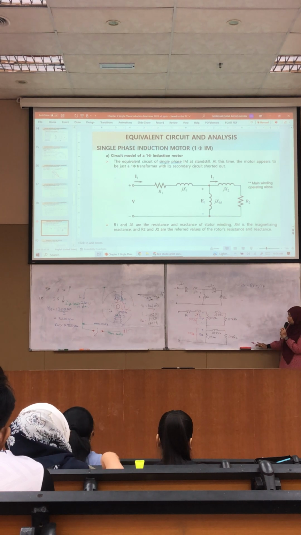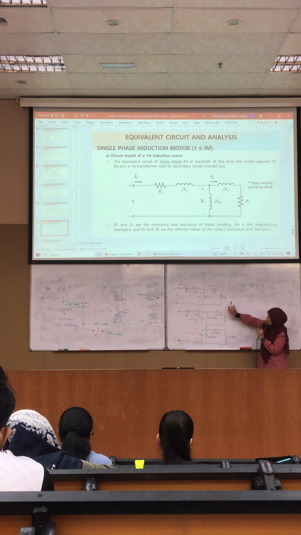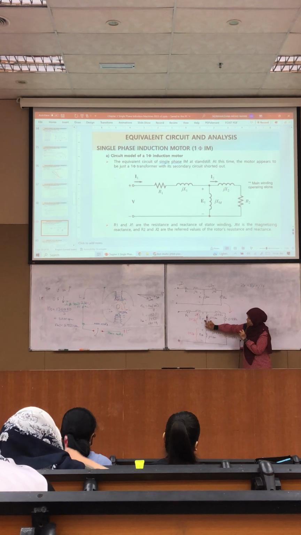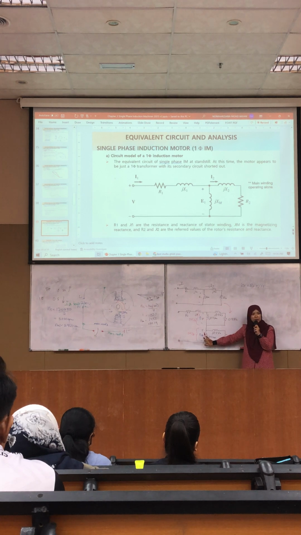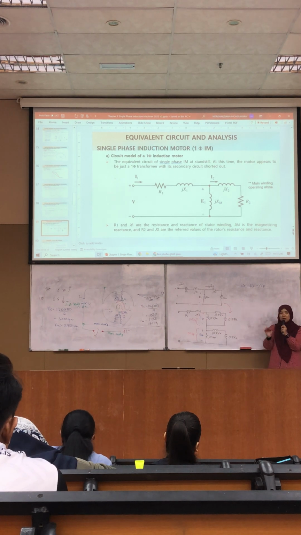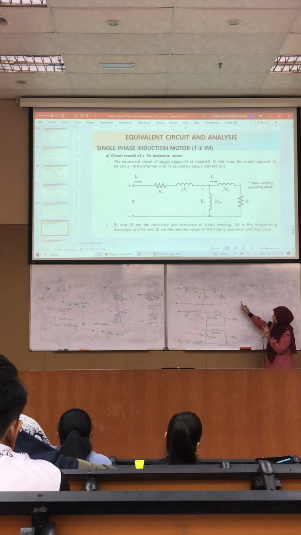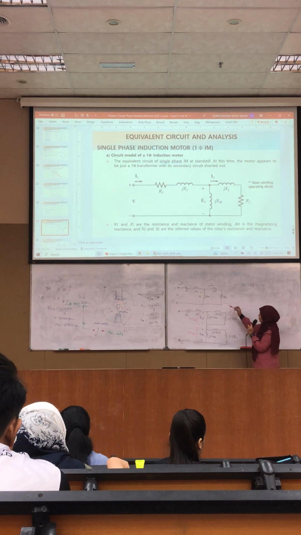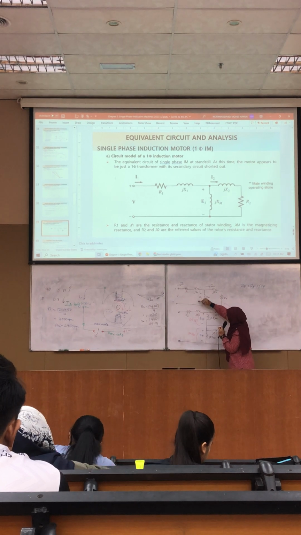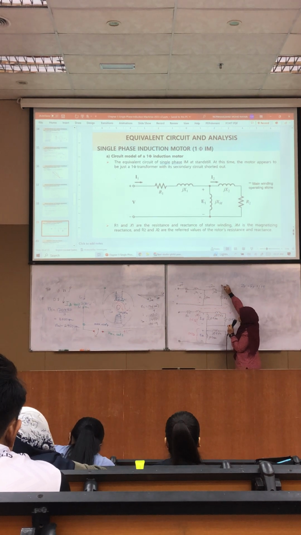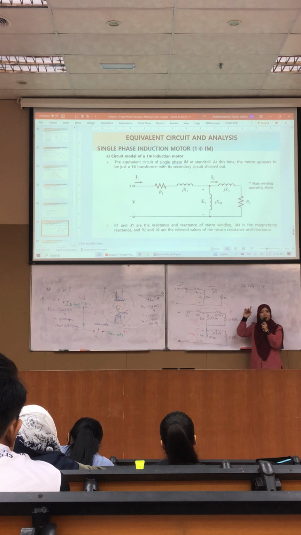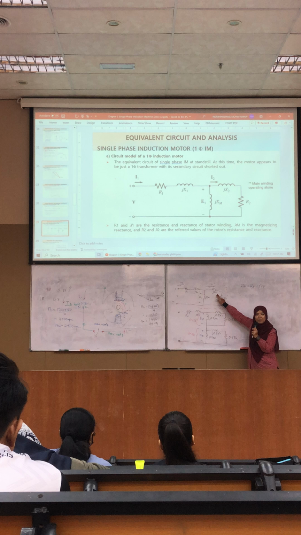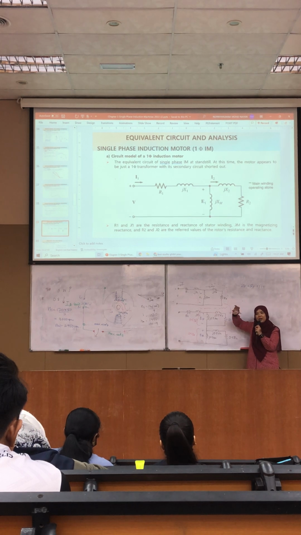Okay, so don't be surprised why we are dividing this circuit into two. F means forward, B means backward, that's why the motor has two slips. Now what we are expanding is this part, we will split into two, but not equally. The value will be the same as the original, saya highlight yang penting je.